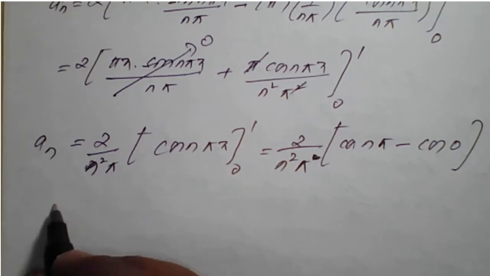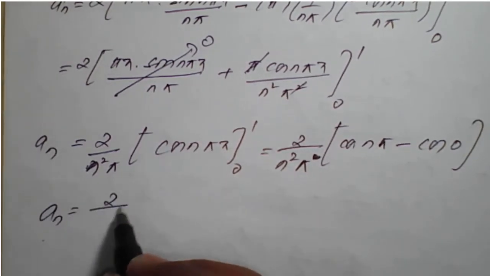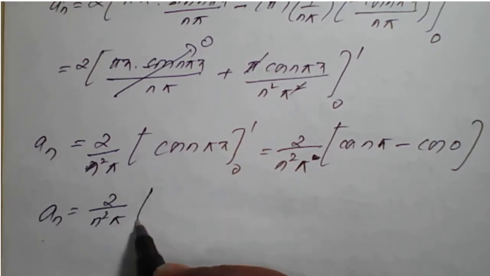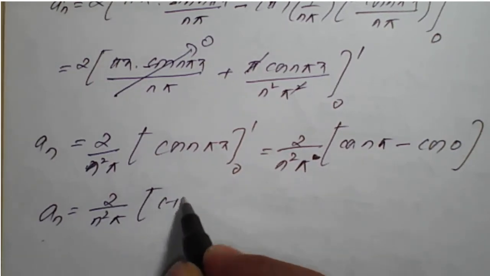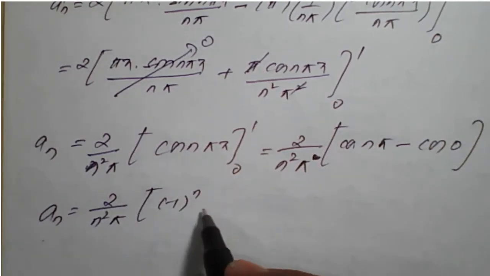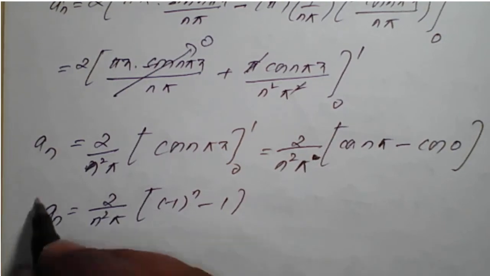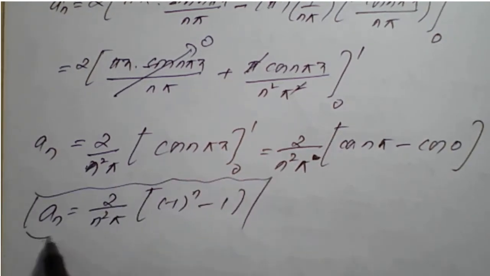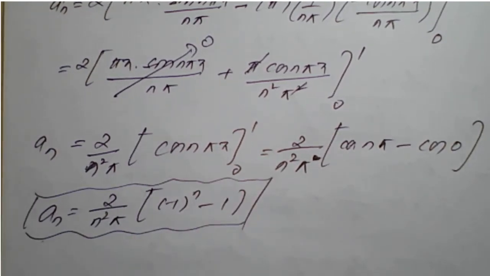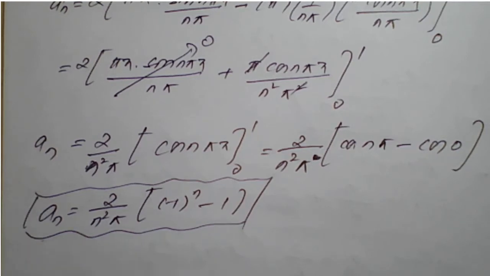So finally, an is equal to 2 upon n square pi into cos n pi, which is nothing but minus 1 raised to n, and cos 0 is 1. So therefore we got the value of an as 2 upon n square pi into minus 1 raised to n minus 1.